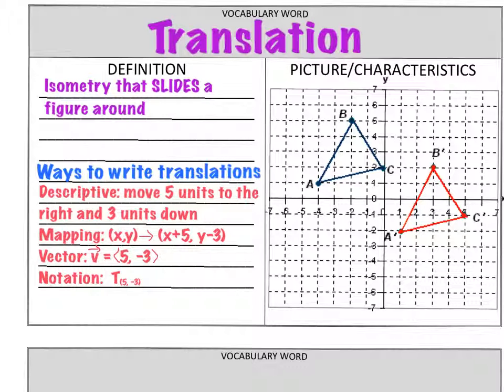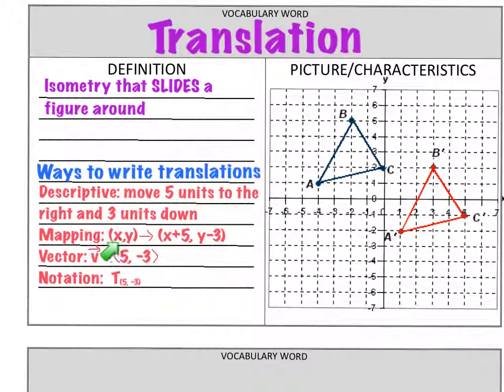Now there's different ways to write a translation. There's the descriptive way, which is where you just say move 5 units to the right and 3 units down. That's a pretty basic way. Okay, mapping is where you look at the actual points.